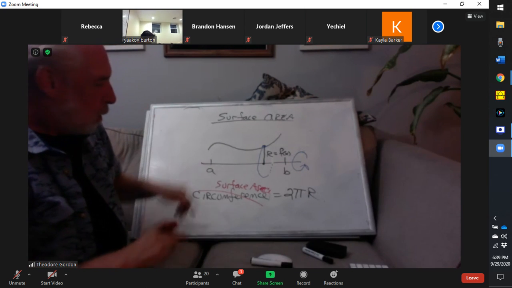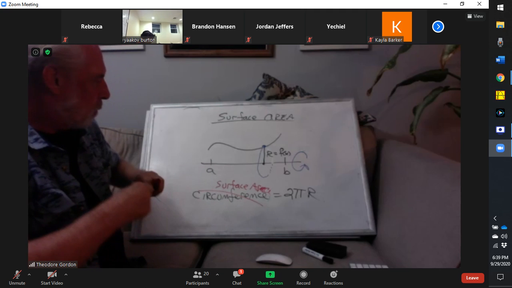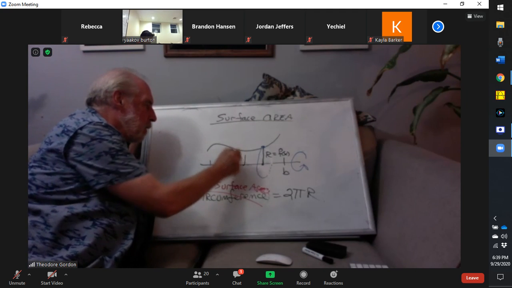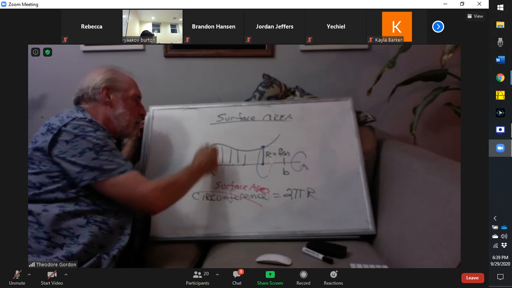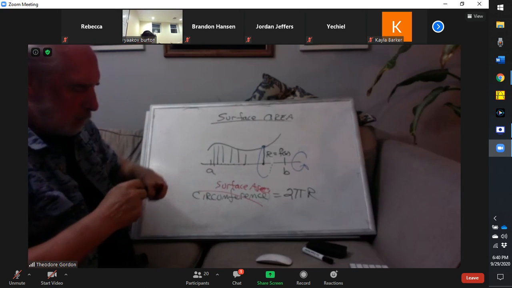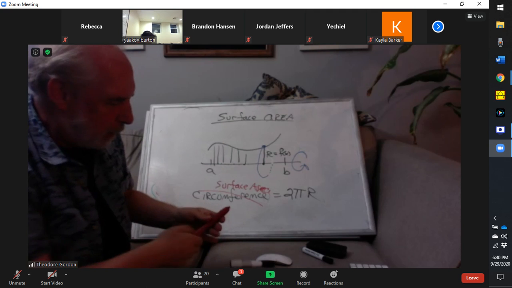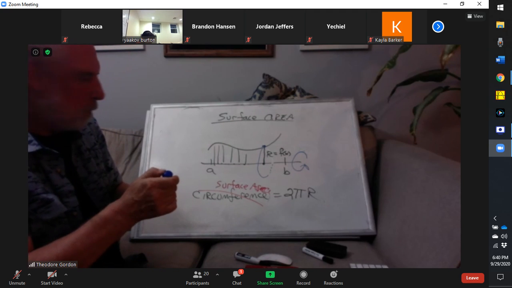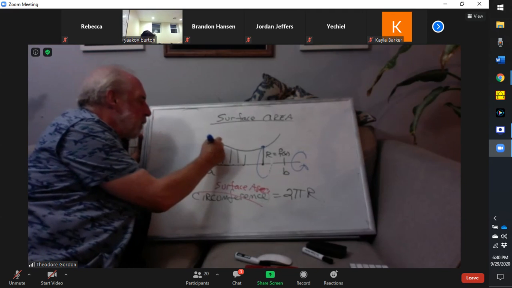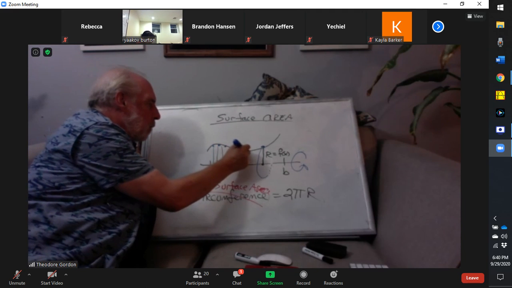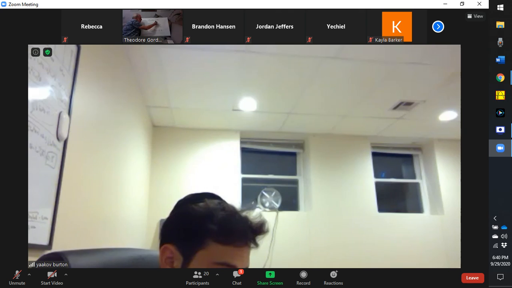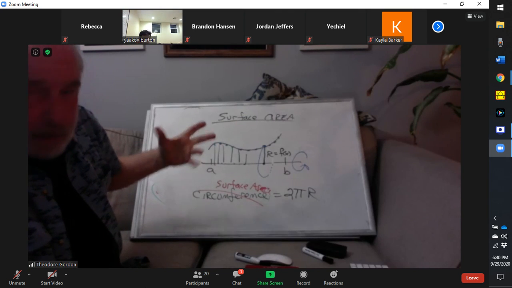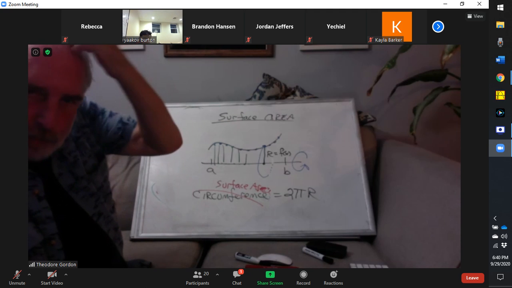So no matter where I pick an x, every point on here, all of those lines are the radius, radii, plural of radius. So each of these blue dots, right, they all form circles when it swings around, and that gives us the surface area.